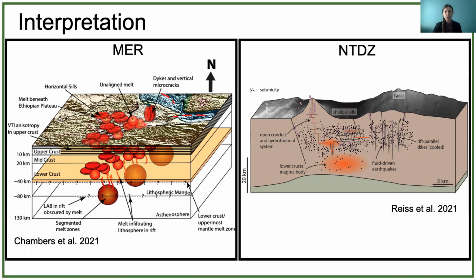In contrast, on the right with the Natron Tanzania divergence zone, with the schematic from Rice et al. 2021, which did the seismicity zone, we find that we have lower crustal and mid crustal bodies, I should say, sorry, with little magmatism at the upper crustal depths, certainly not large magma chambers at the upper crustal depths.